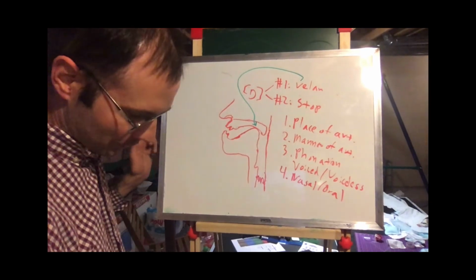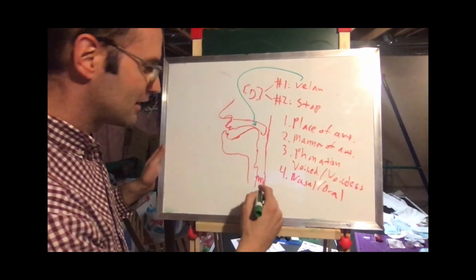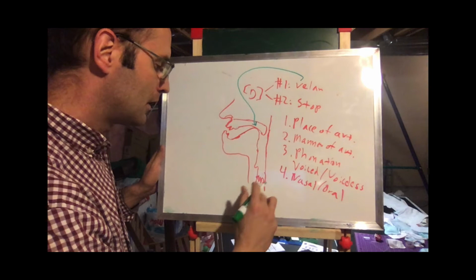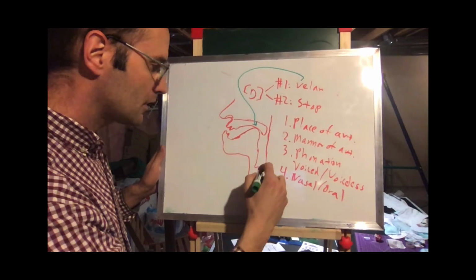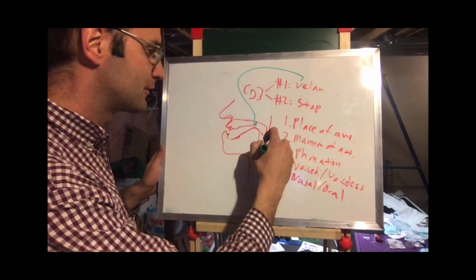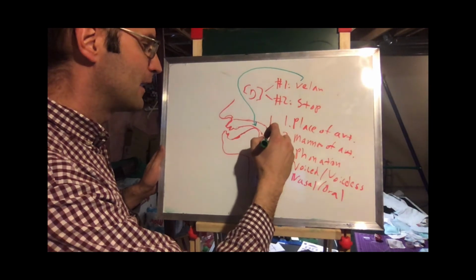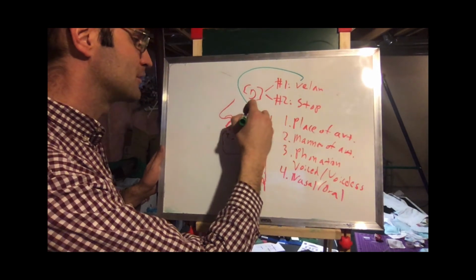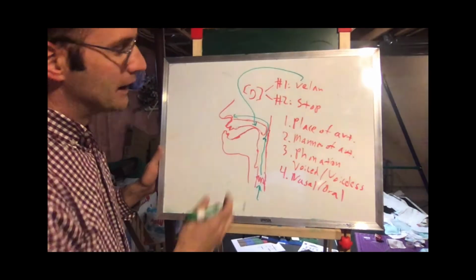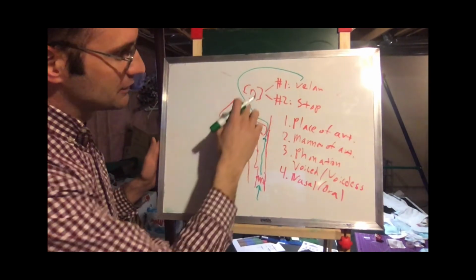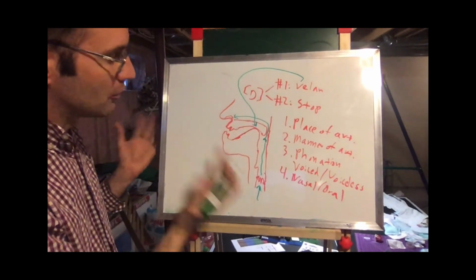And like I said before, that enables air to flow through the larynx first of all, through the vocal folds, through the pharynx, and then sniggle through this little open passageway and then out through the nose. And so in this case, air is going to flow through the nose. That makes that nasal as opposed to just an oral stop.